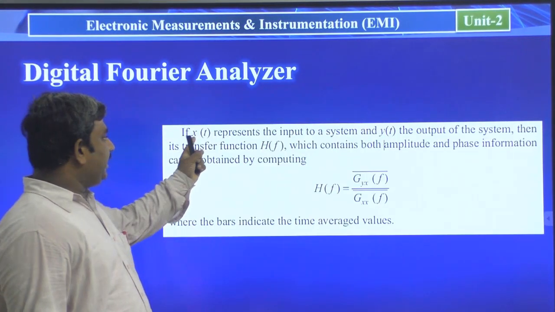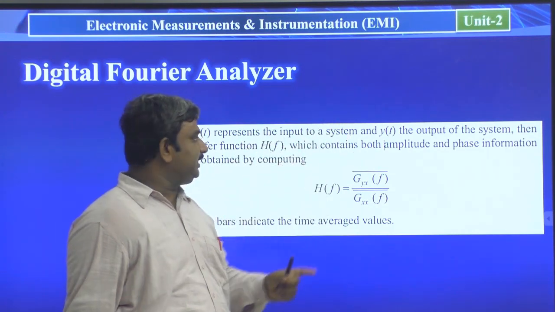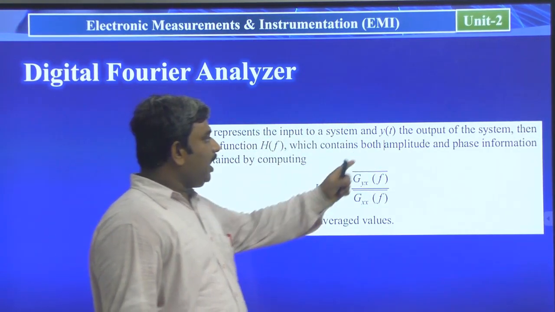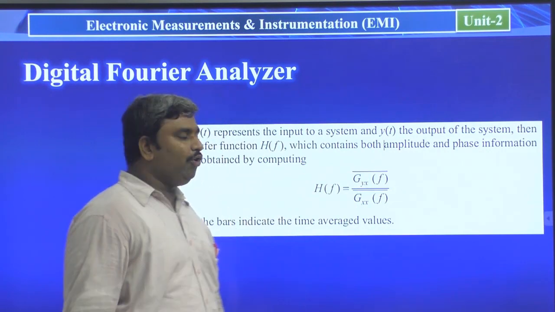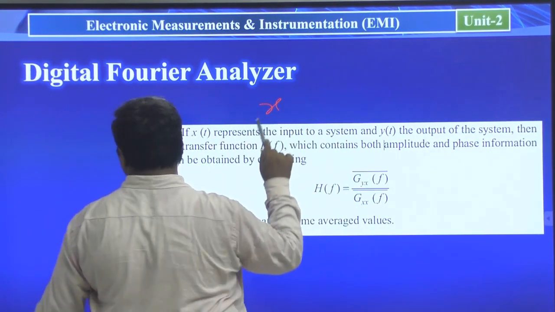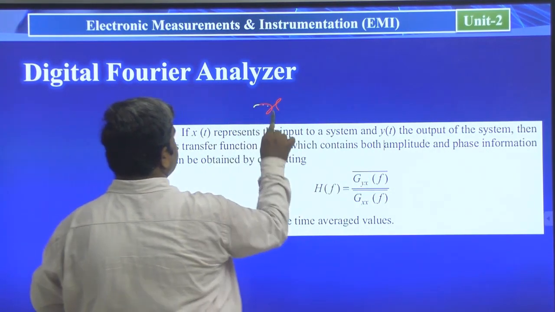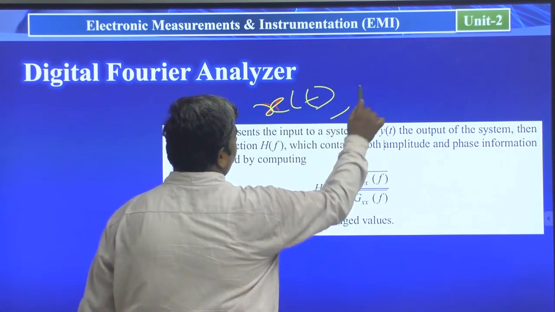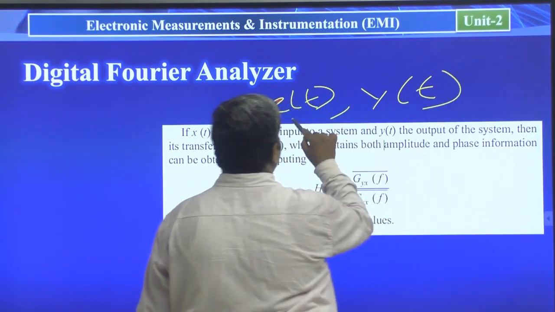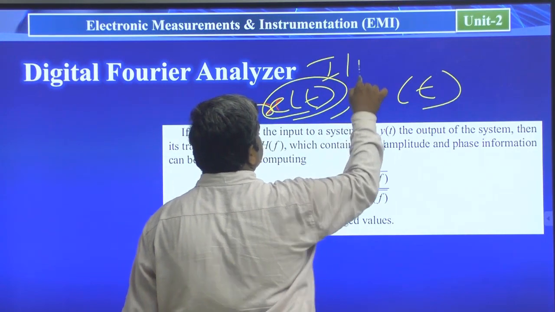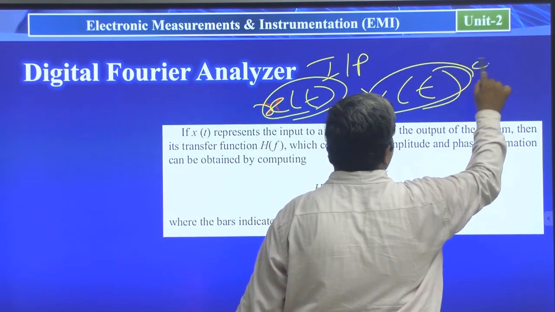If x of t represents the input of the system and y of t represents the output of the system, here we have two signals, x of t and y of t, where x of t is the input and y of t is the output.